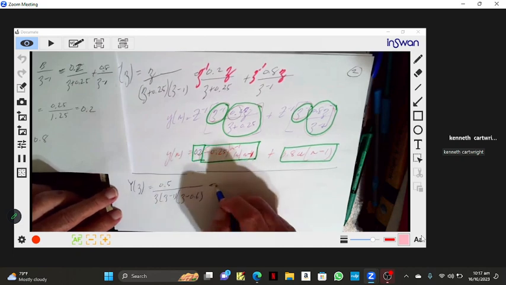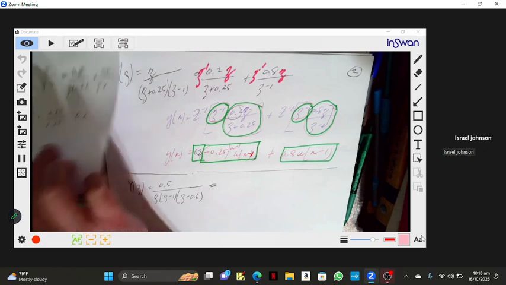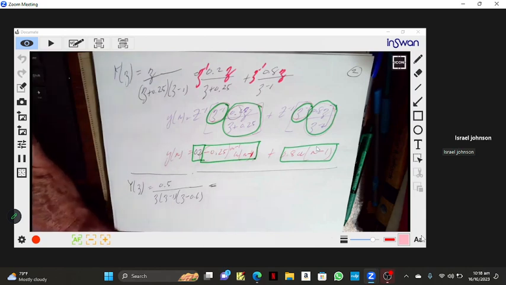What do we do with this one? Would that be A over Z minus 1 plus B over Z minus 0.6?